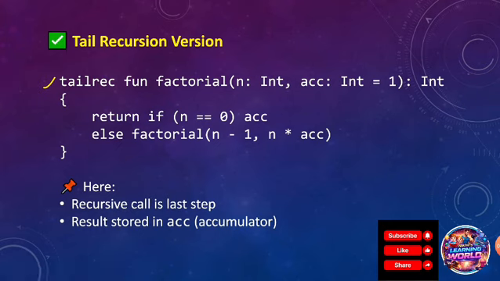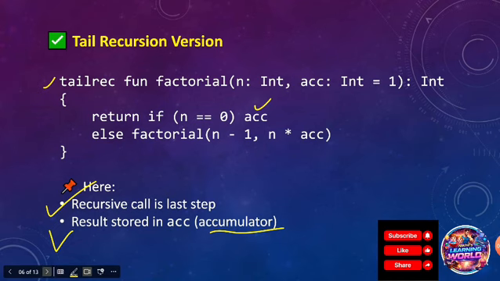In tail recursion, the recursive call is the last step, and the result is stored in an accumulator. You can see here the tailrec function factorial returns an integer. If the number equals 0, it returns the accumulator, else the factorial call continues.